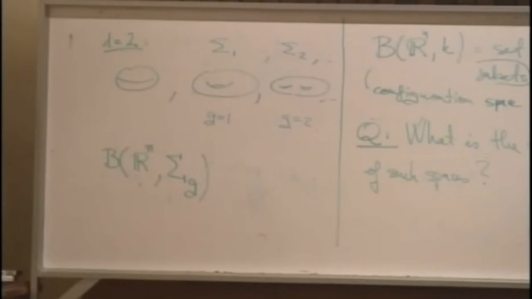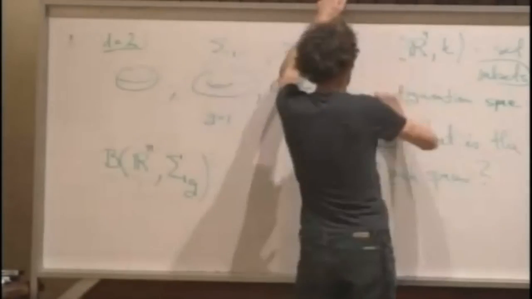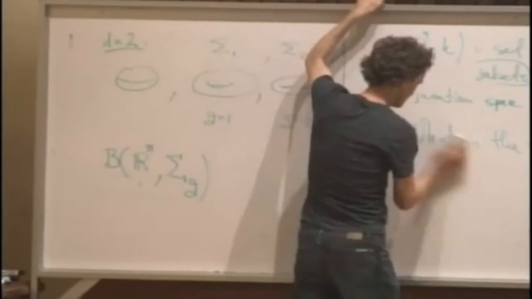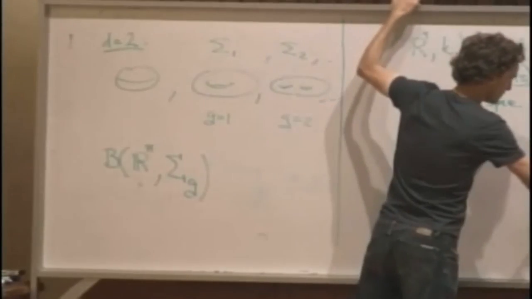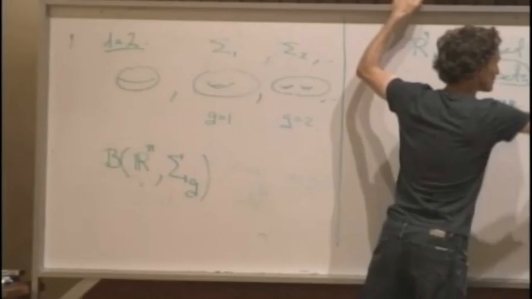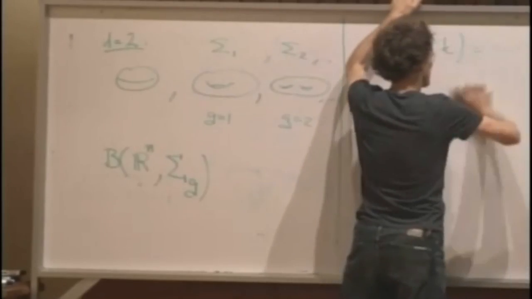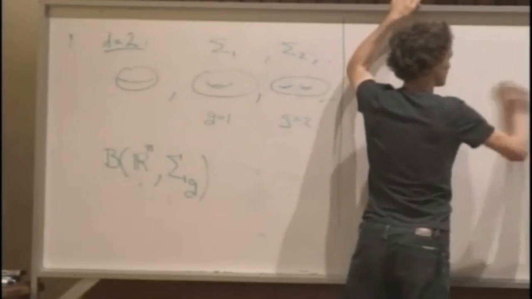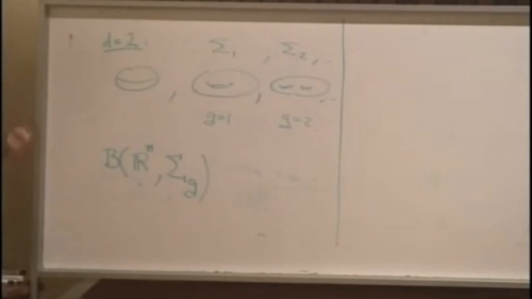We know very far from everything about it, but we especially know a lot when n and g are both big. So in the remaining time, let me try to explain a little bit more about that and say what I mean by understanding the topology. So let me go back to the zero-dimensional case again.